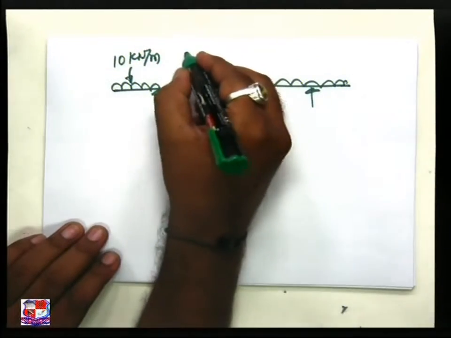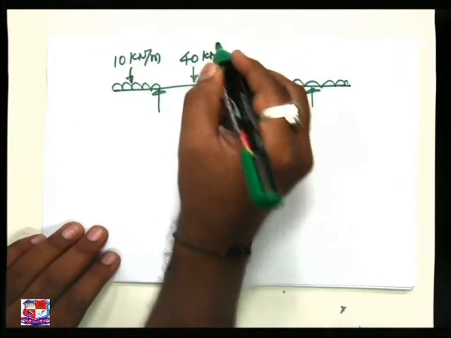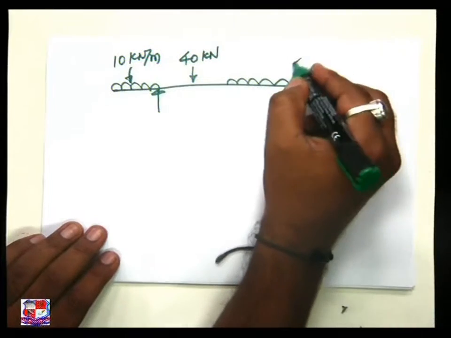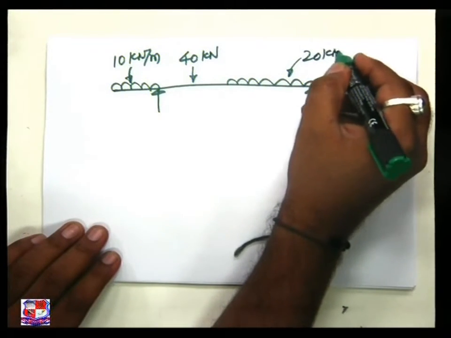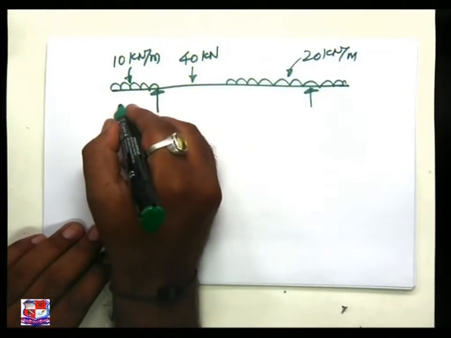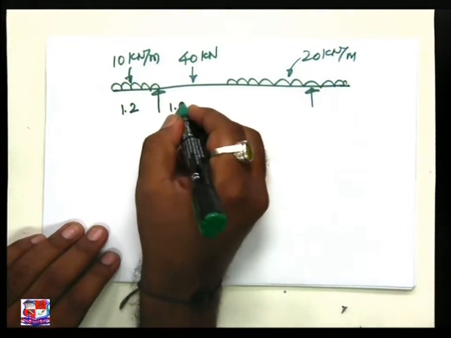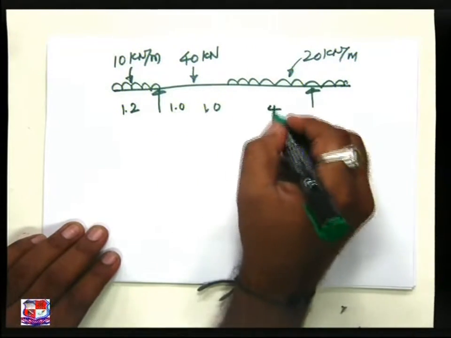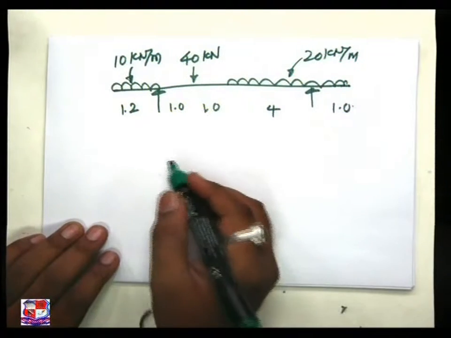This value is 40 kilonewton. UDL is 20 kilonewton per meter. The distances are 1.2, 1, 4 and 1.